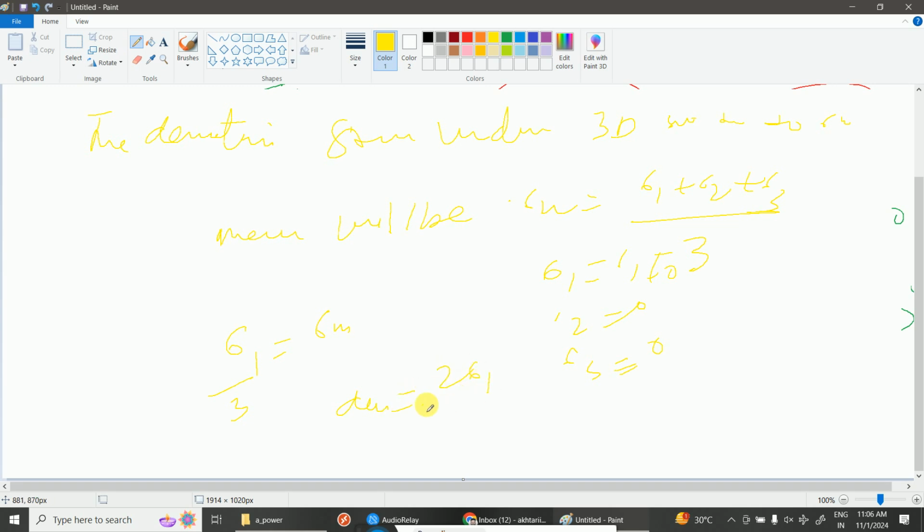Your mean stress is sigma 1 by 3, and the total stress is equal to 0, and here this is your sigma 1 by 3, and this is your sigma deviatoric, and this is 0.